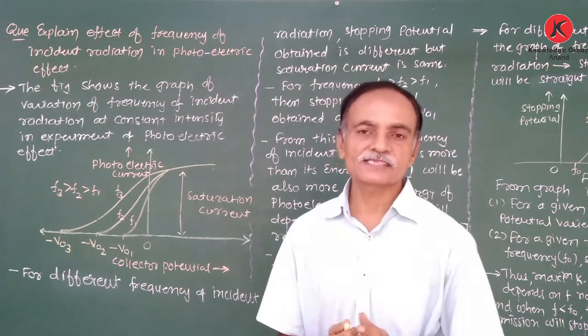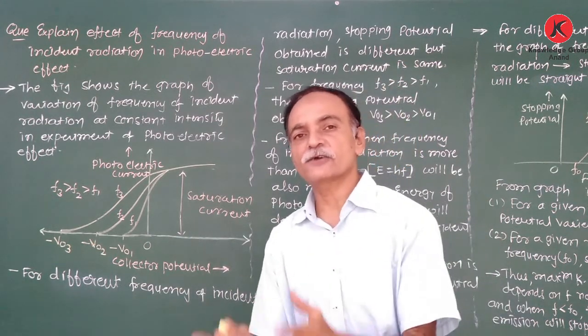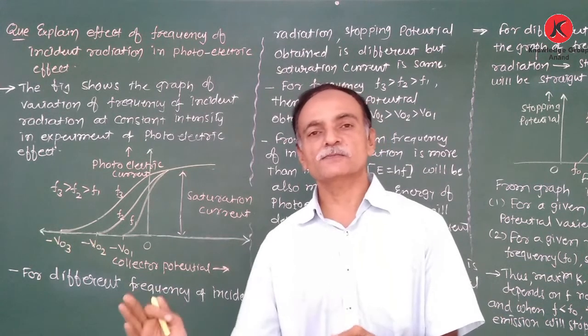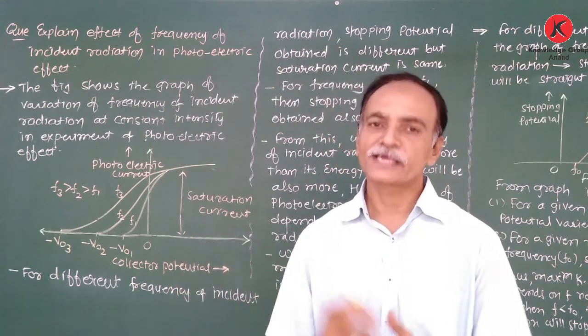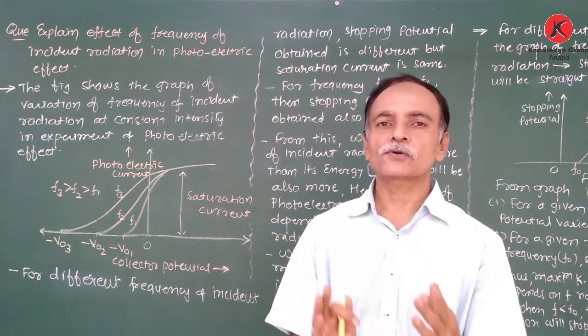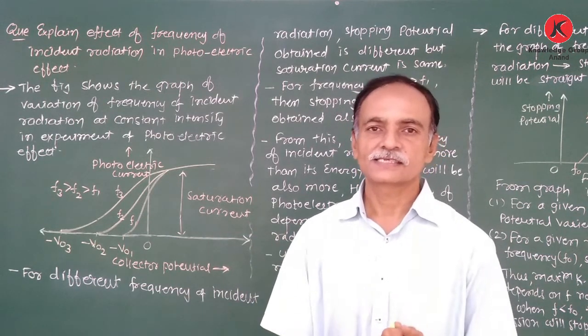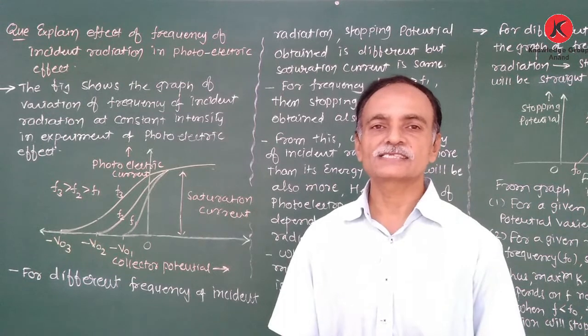For a given frequency, as we increase the intensity of incident light, the number of photoelectrons emitted by the cathode or the emitter increases, thus the photoelectric current increases. But the stopping potential remains the same.